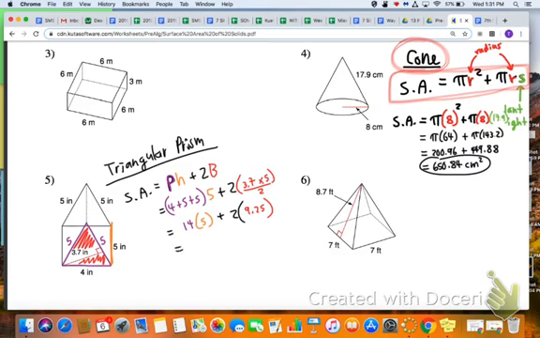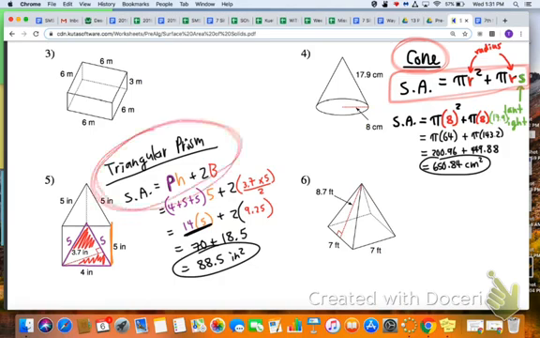Finally, 14 times 5 is going to be 70 plus, I believe that's 18.5. And you add those two together to get 88.5 inches squared. So again, this formula works for prisms. Triangular prisms like this one, and prisms that are kind of like boxes, like question 1 and question 2 and question 3, okay?